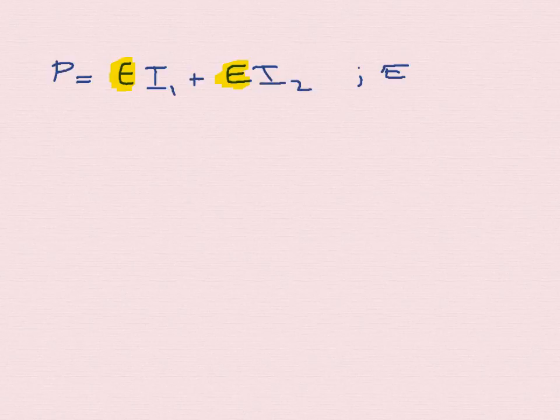First order business, get both of the E terms together on one side. So that's good. Second step, divide that common term out of both, or 3, or whatever you happen to have, terms. Take the E out. What's left? Well, an I1 plus an I2.